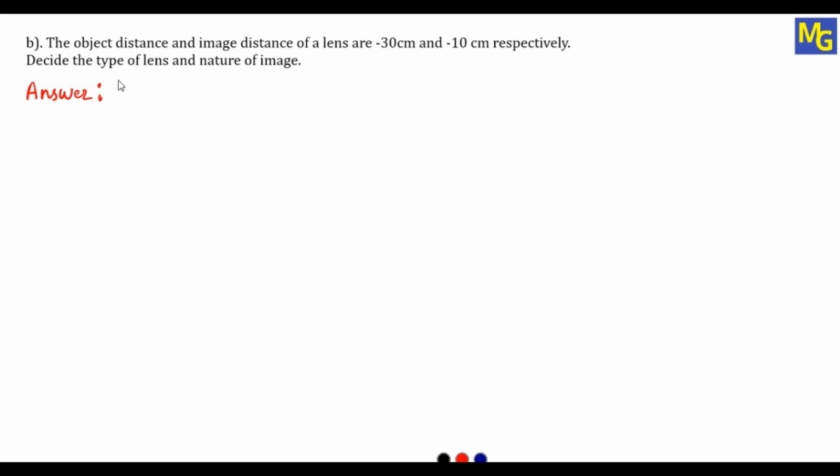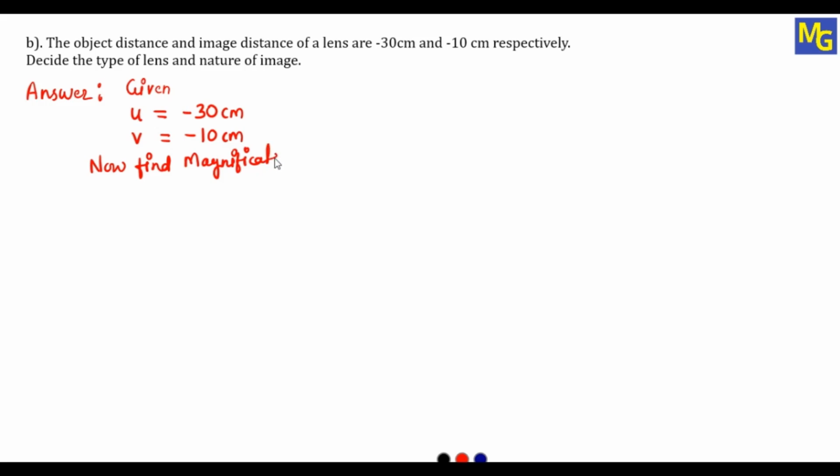So answer here, first write down what is given. We have object distance and image distance. Object distance, that is u, is equal to minus 30 centimeter. Image distance, that is v, is equal to minus 10 centimeter. So we wrote. Now we will find magnification, that is m, small m.